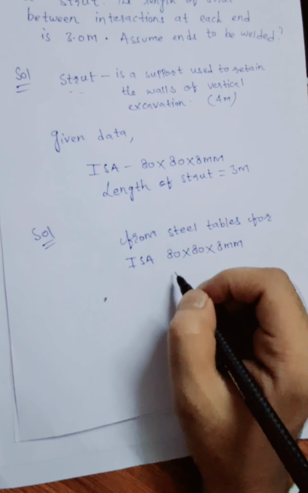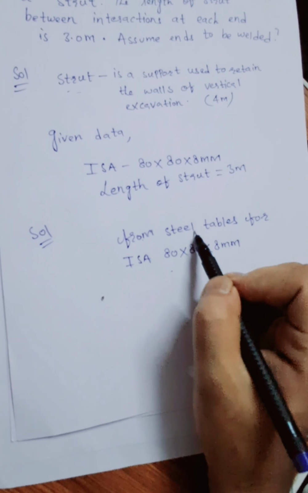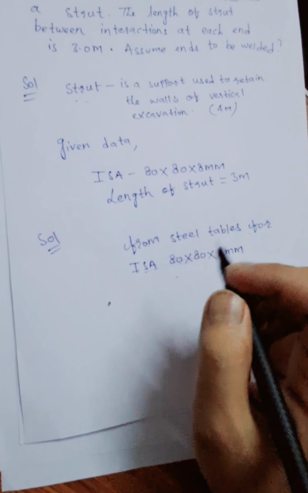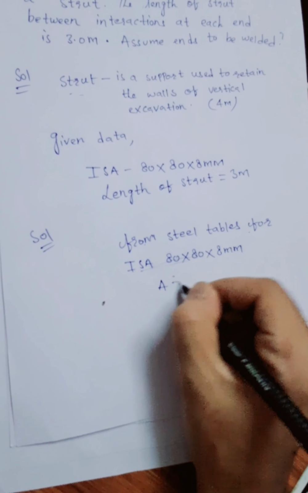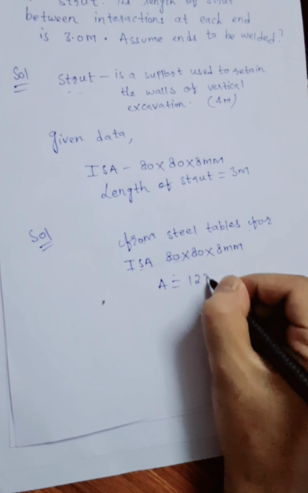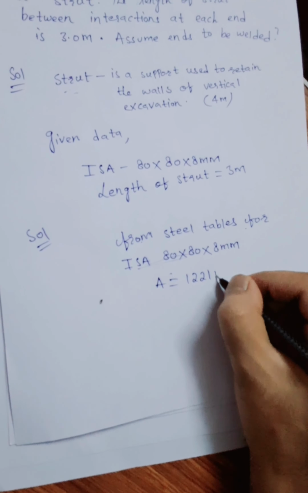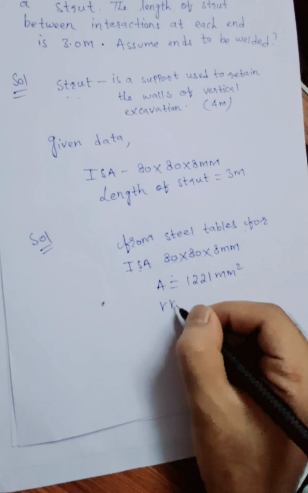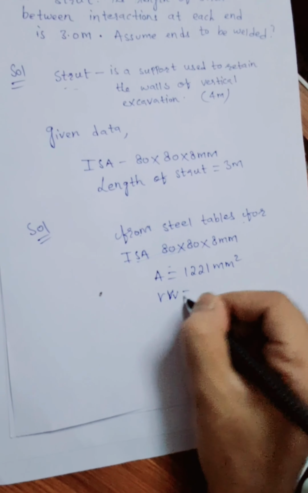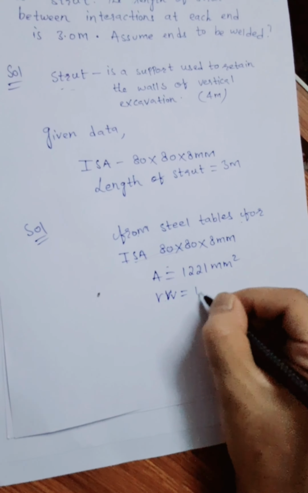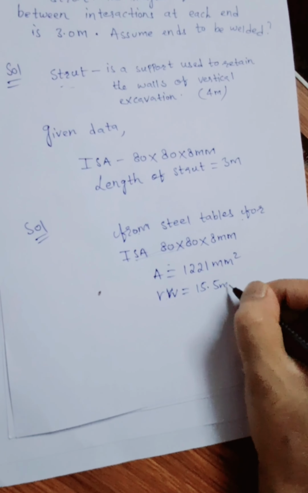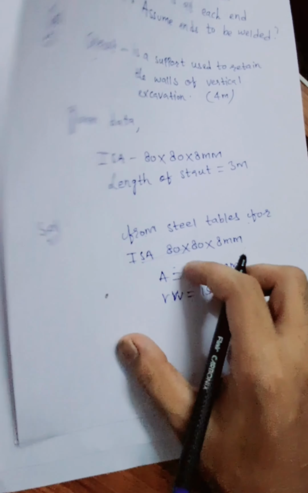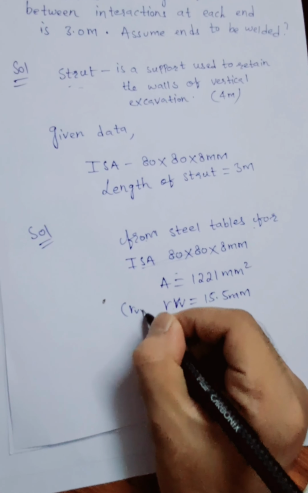We need to go first from steel tables for this section and plot the area. How much is the area equal to? It is mentioned in your code book, 1211 mm square. Then go for your rvv, that is 15.5 mm. It is also in your code book. So I will write it down here. This is your rvv.